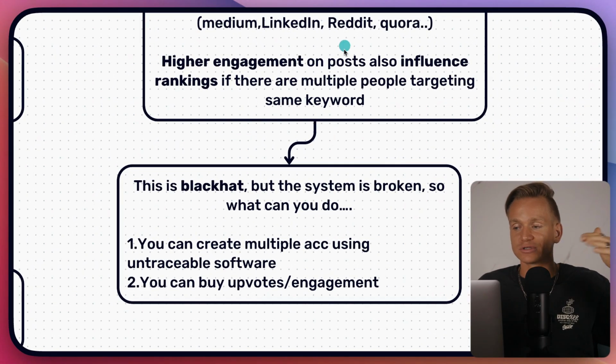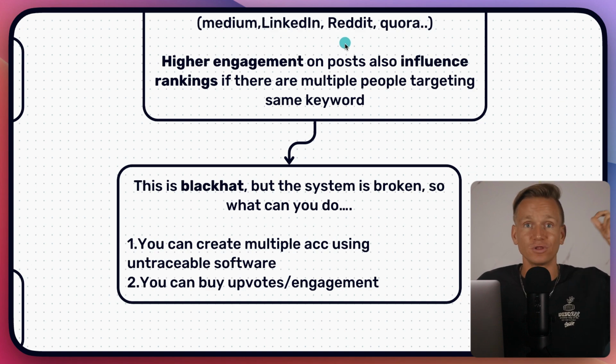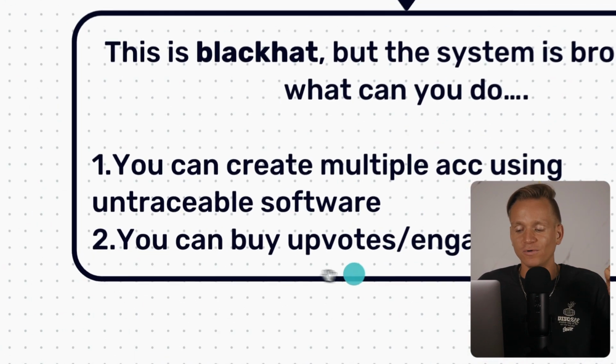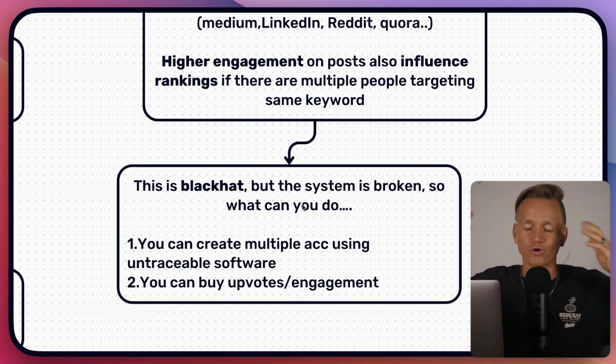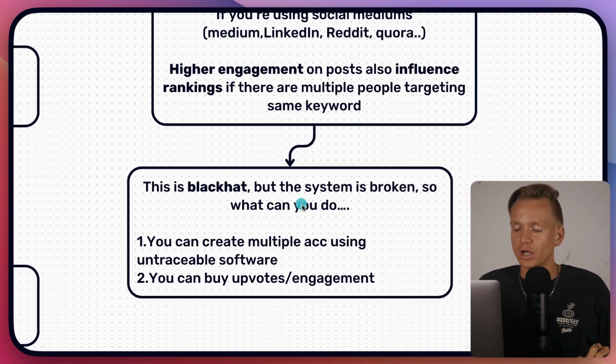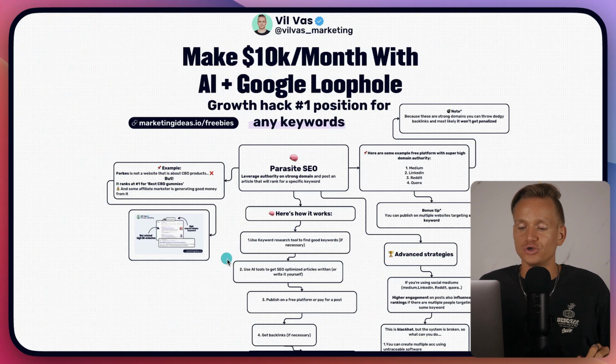Or not even an article: sometimes you just put a post under someone else's question on Reddit that's already ranking, perhaps for a year already, and you buy upvotes and rank it number one. Then within your answer, you have the offer you are promoting that's making you money.